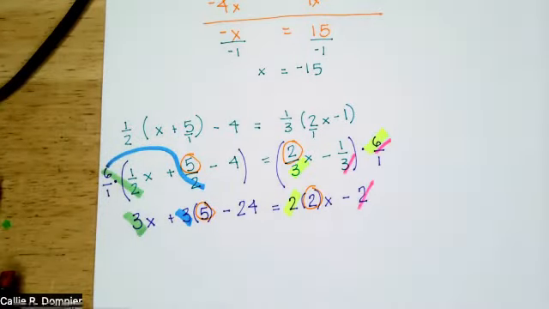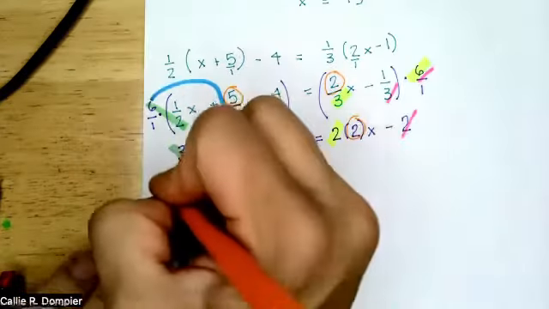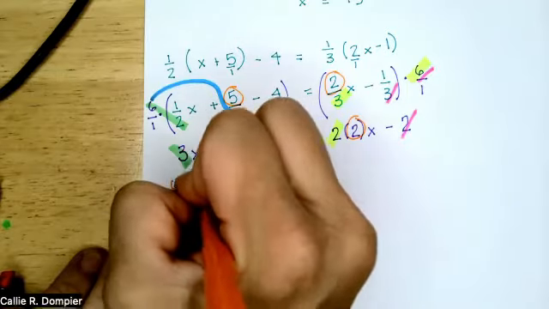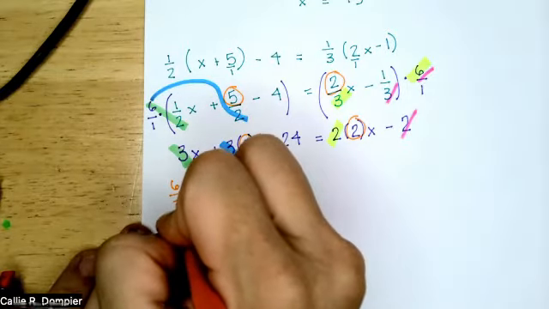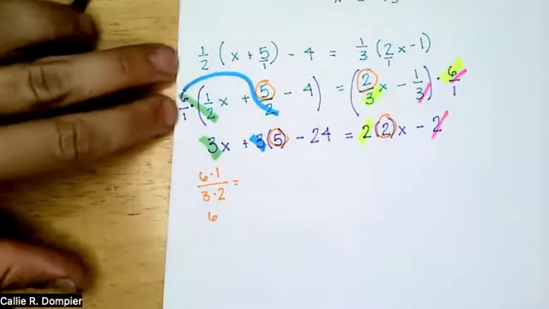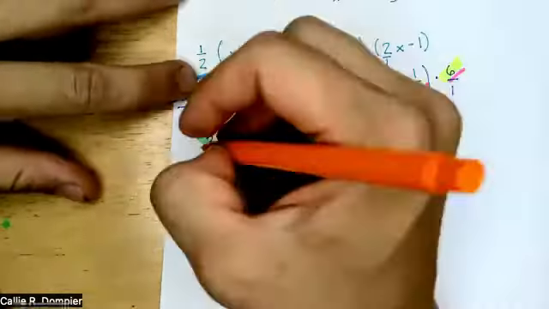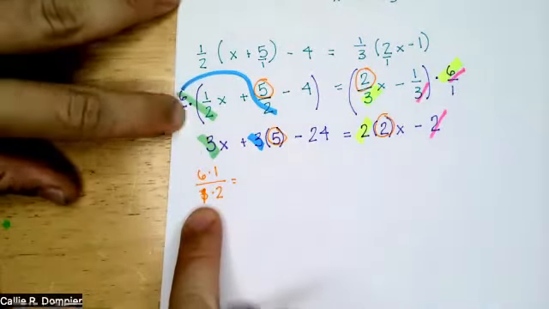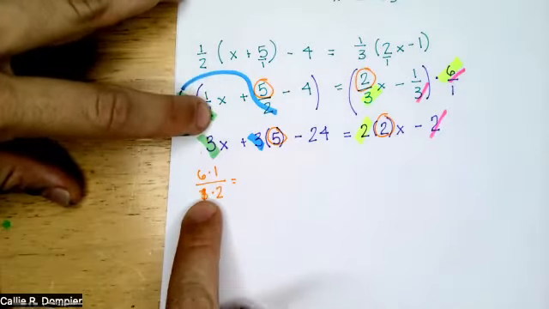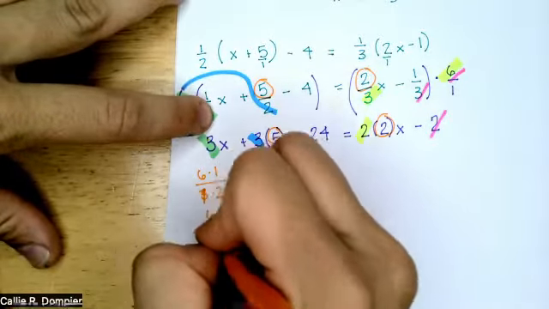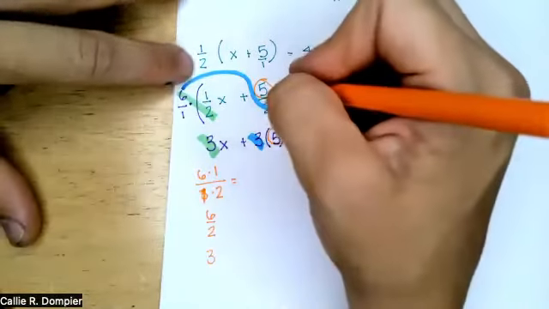Okay, you can also write it as 6 times 1 over 1 times 2, not that 3, right? 6 times 1 is 6, 1 times 2 is 2. 6 divided by 2 becomes 3, right?